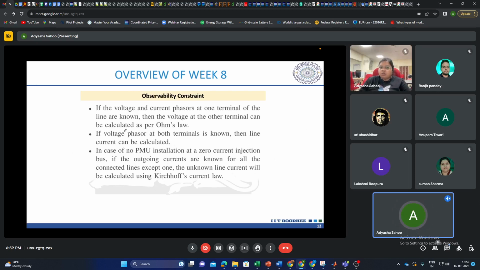Now, how this observability works is, if you know one value of voltage and current phasors, then subsequently how you can compute other values. So let's say I have this line ij. If I know the value of Vi bar, let's say this is complex so I'm representing it by a bar, can you calculate Vj bar? Let's say the impedance is Z here.